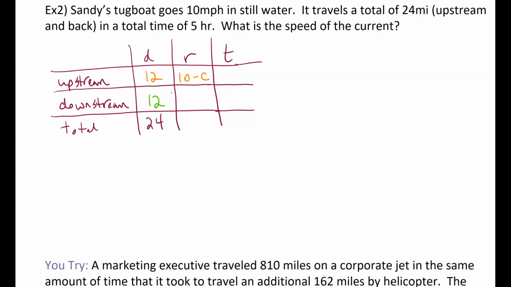Okay. Let's see. In a total time of 5 hours, so again, we know this time here is 5. What else can we fill in? 10 plus C. We can fill in the 10 plus C because we know that when it goes downstream, the rate of the current will help it.